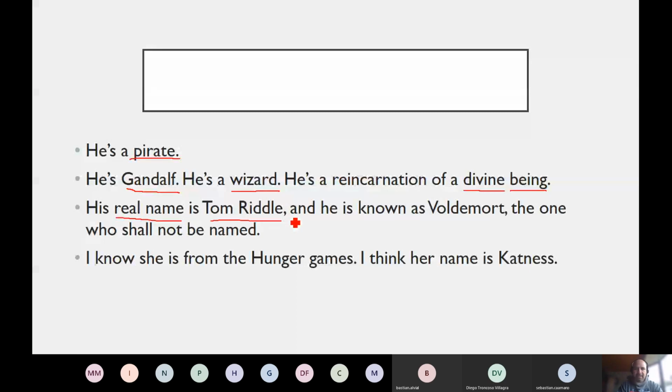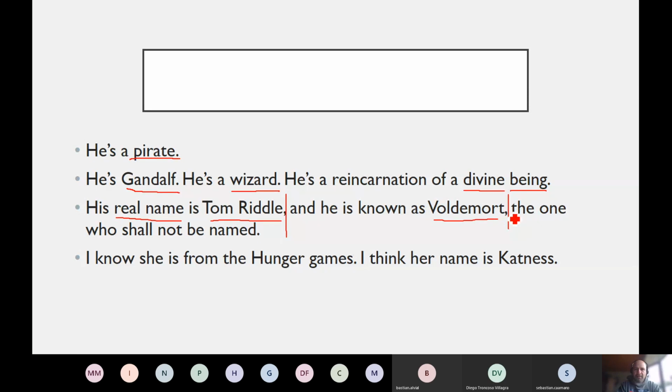What about the one after the comma, in between the two commas? Voldemort. Okay, Voldemort.